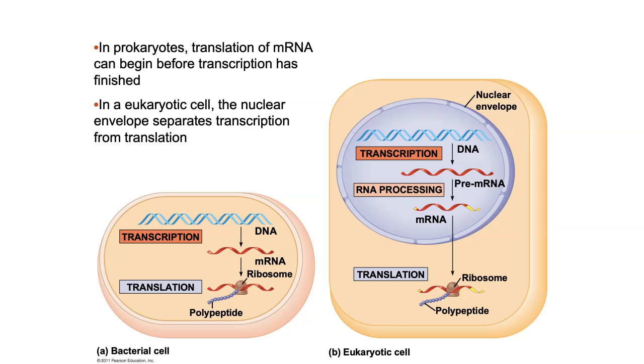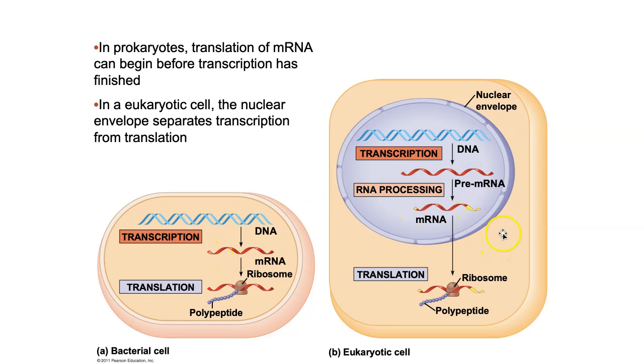Now let's look at the difference between prokaryotic gene expression and eukaryotic gene expression very quickly. Remember, prokaryotic, this bacterial cell over here, they do not have their organelles. So all of this can occur more simultaneously than in a eukaryotic cell.